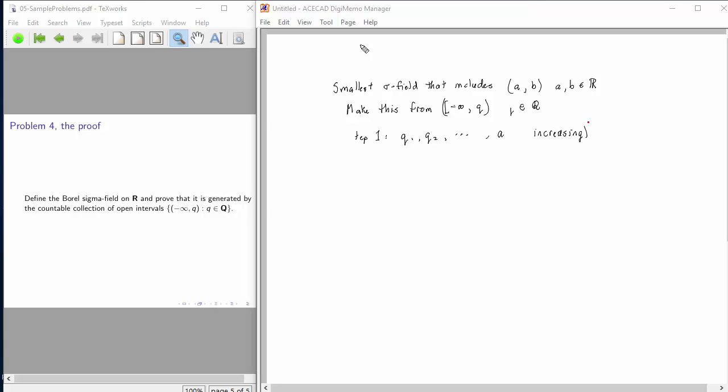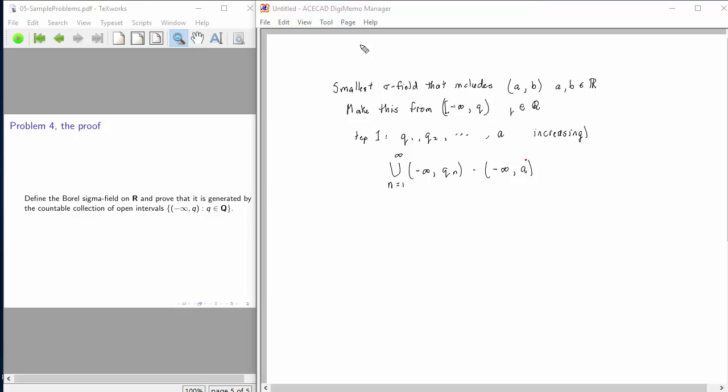The obvious way to do this is just to use decimal approximations to a with more and more decimal places. Once I've set up that sequence, I can form the union from n equals 1 to infinity of these intervals with rational endpoints, and the result, as you saw earlier, is I get a right endpoint of a.